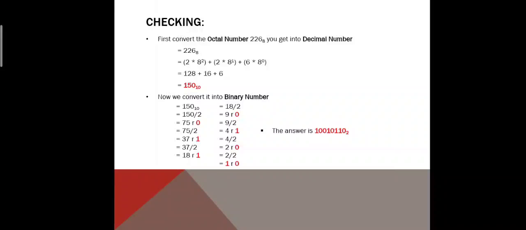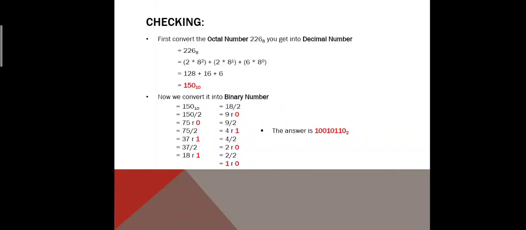Para ma-check natin kung tama ang ating sagot, kailangan natin i-check. Ganun din, i-convert natin siya into decimal number. 226 base 8 equals 2 times 8 raised to 2 plus 2 times 8 raised to 1 plus 6 times 8 raised to 0.